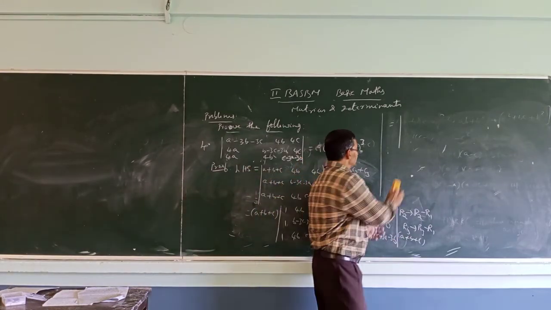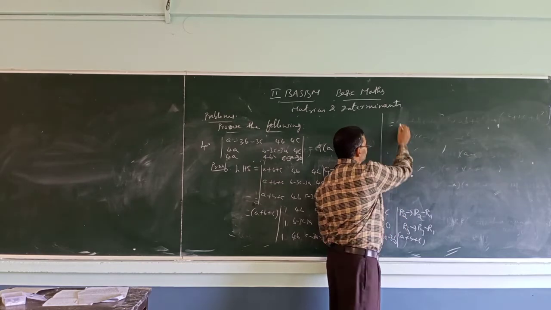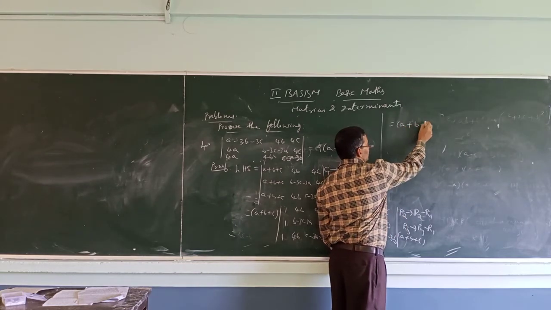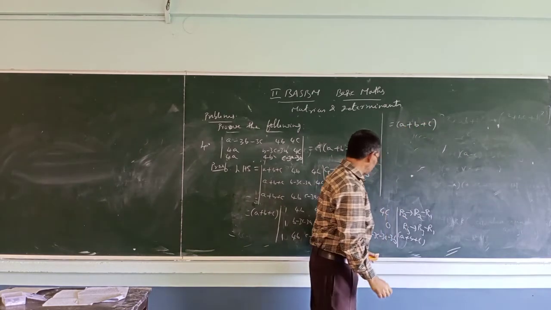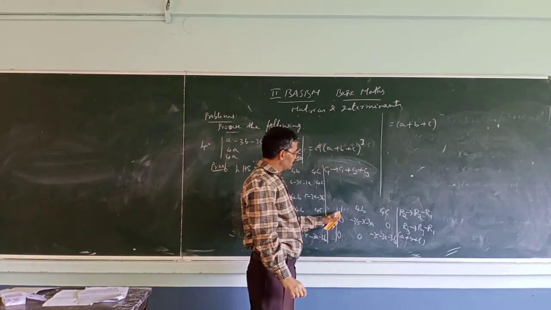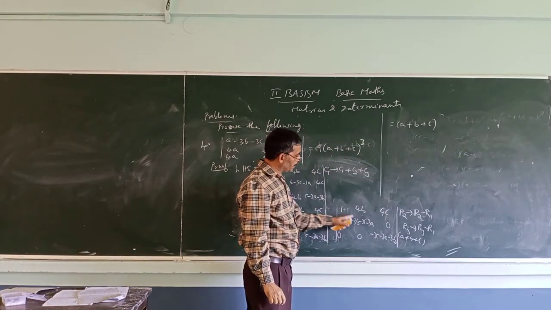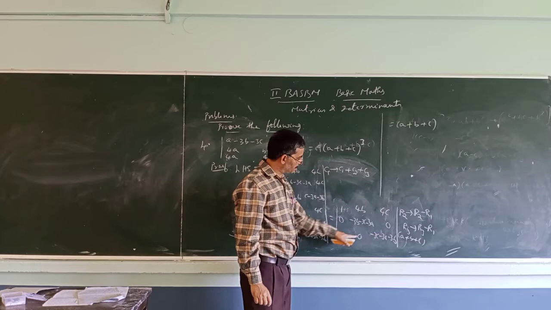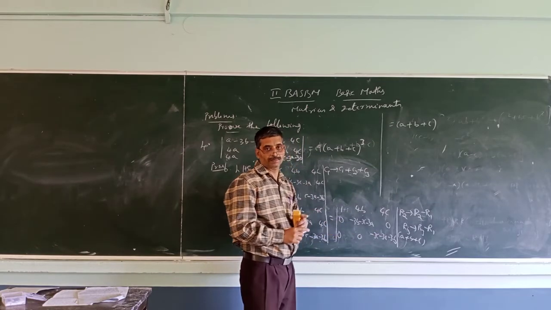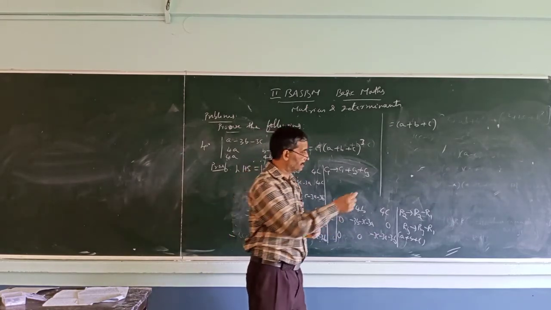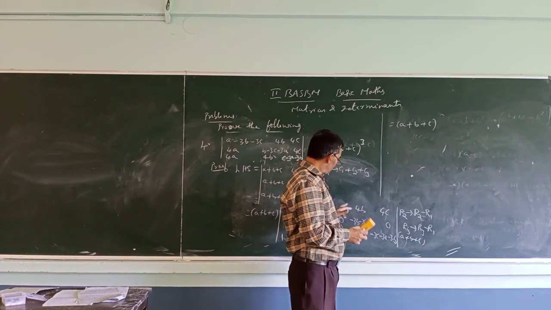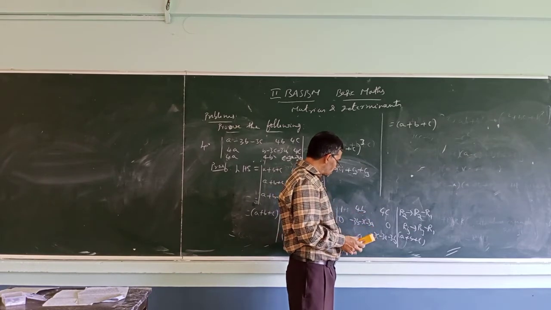So equal to A plus B plus C into, now remaining. So 1 into this much, because these elements are zeros. Same way, what we have discussed in the earlier problem. So below the diagonal, elements are zeros.